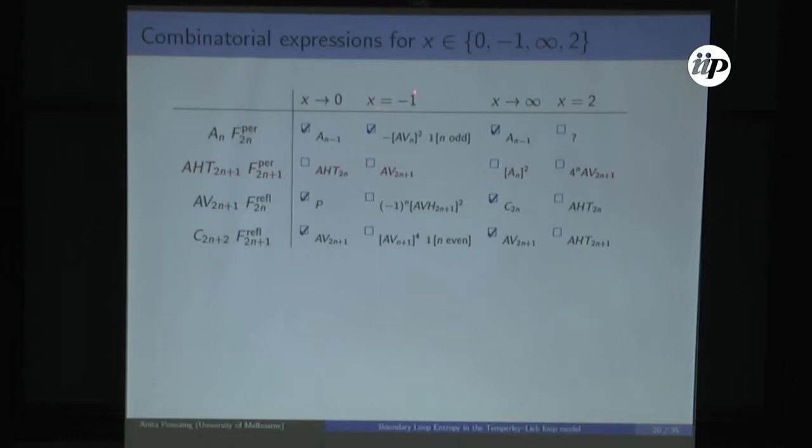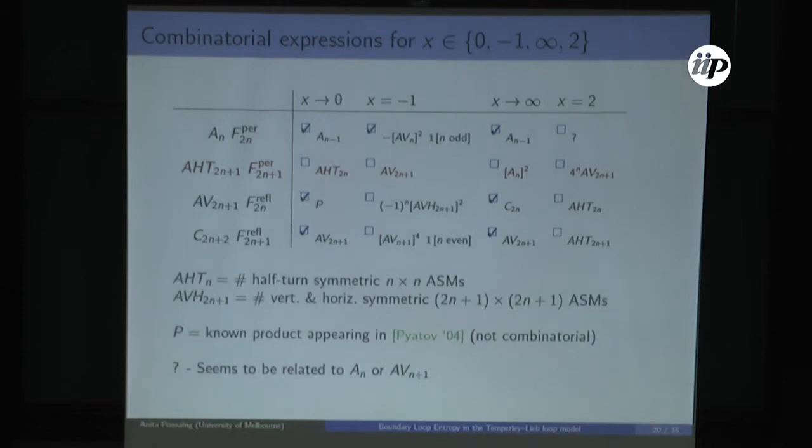But if you take x to be -1 or 2, you also get combinatorial numbers, which is pretty interesting. In the x is 0 case, we've got alternating sign matrices, half-turn, vertically symmetric ones, and this p, which is not necessarily anything combinatorial, but nevertheless has an explicit product formula. So they are simple numbers, despite the fact that they don't seem to be anything combinatorial.